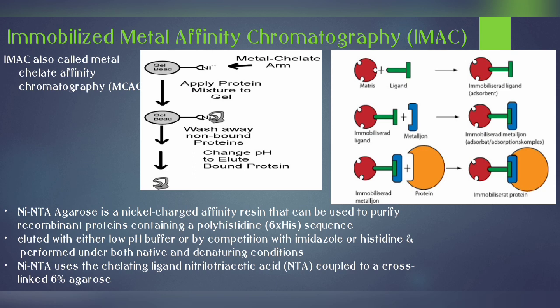Most of the time, recombinant proteins are made with a histidine tag. So the recombinant protein contains a histidine sequence which has more attraction towards Ni. In that way the histidines are bound to the Ni, and the recombinant proteins are separated in this immobilized metal affinity chromatography.